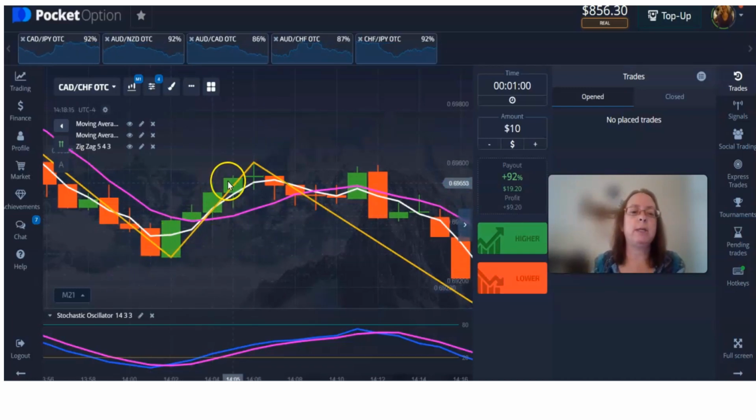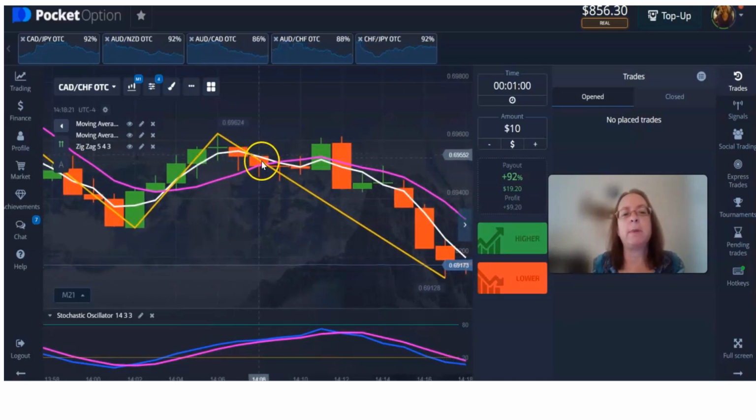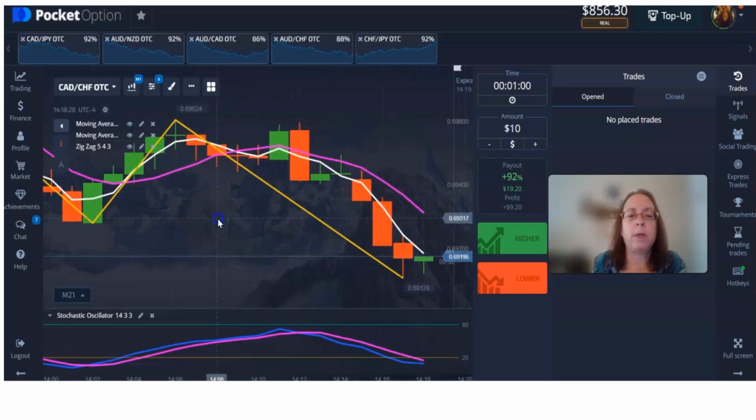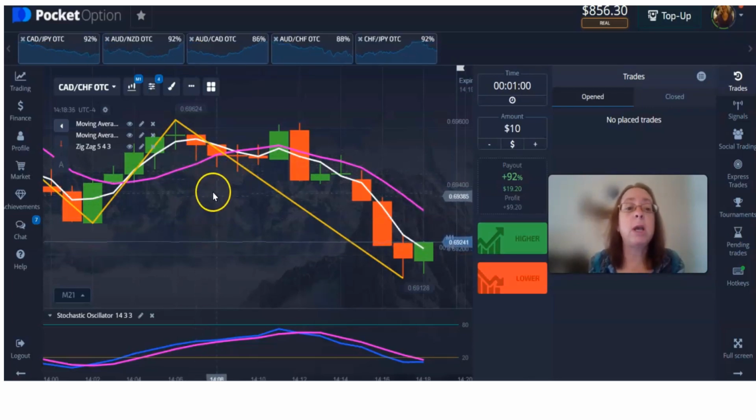You can see that it did go up in that direction, and also in this candle as well. They all kind of didn't cross at the same time, but they all crossed in this candle, and then it went down a little bit. So when the zigzag and both of the moving averages are crossing on the same candle, that is an indication that it will continue in that direction.